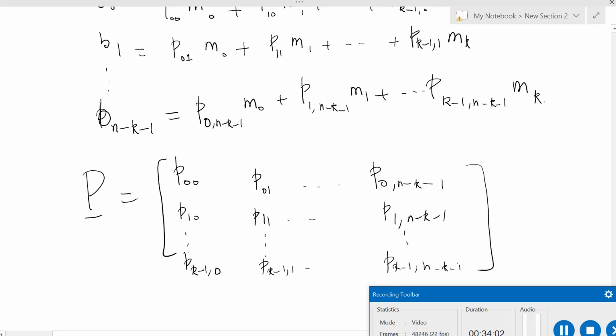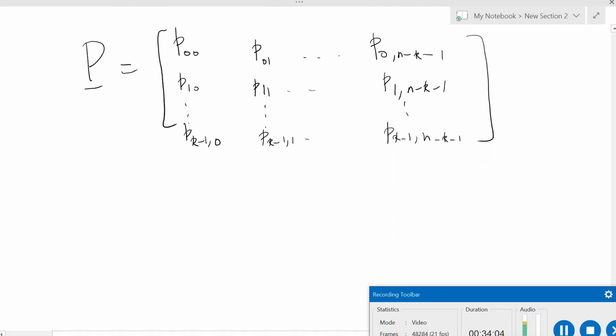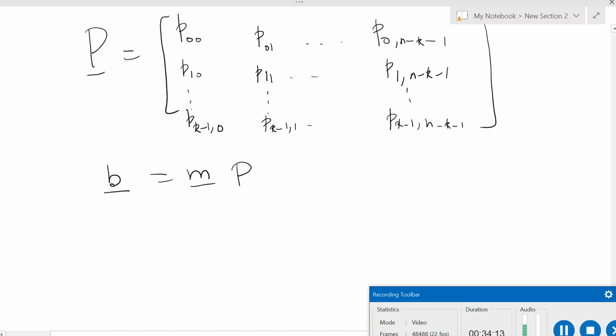Okay, now you can see that the above relationship b can be written as m times p, right? Just if you check it, if you take m, m0, m1, mk minus 1, p00, p10, pk minus 1 0, right?